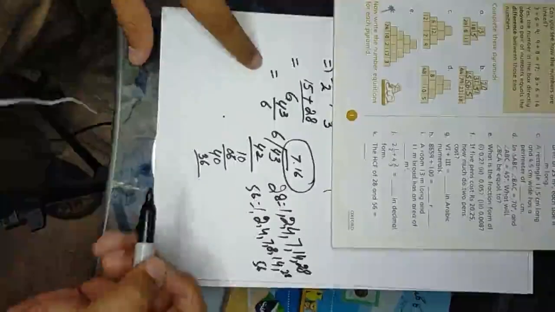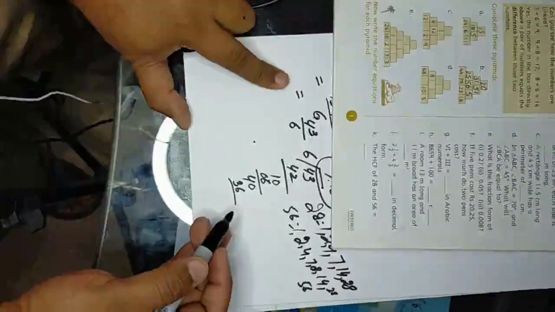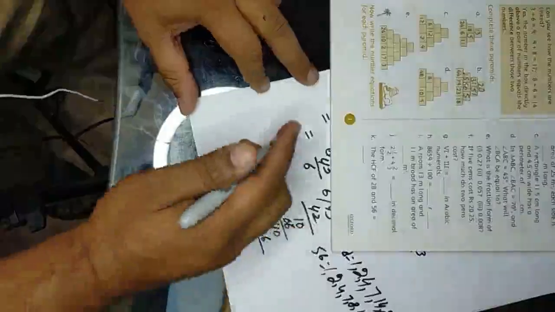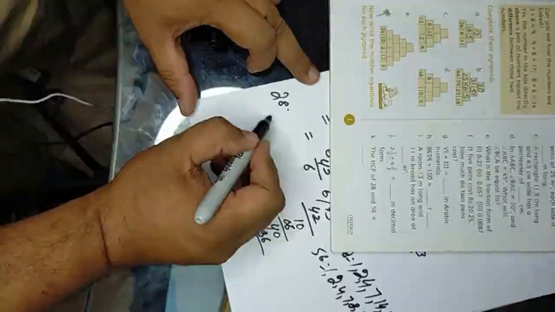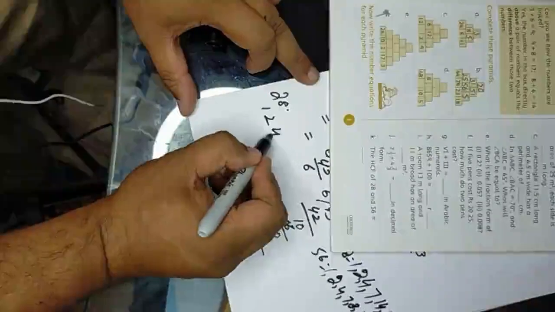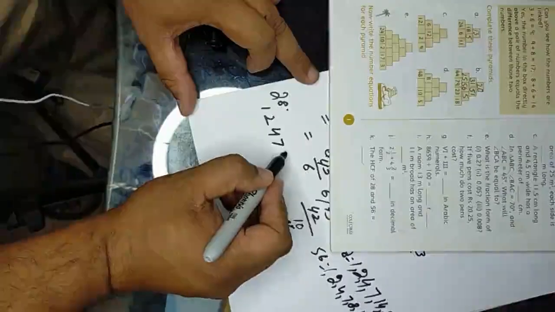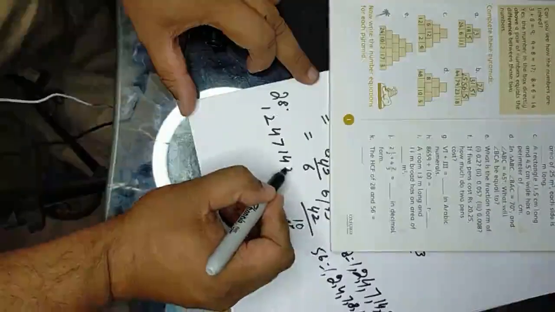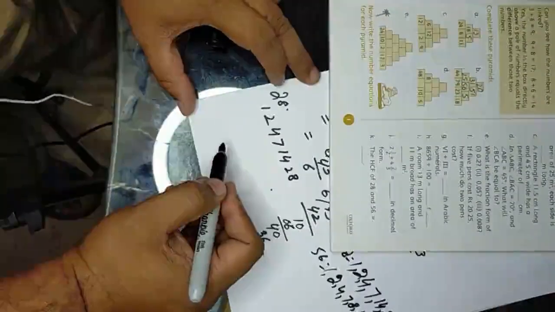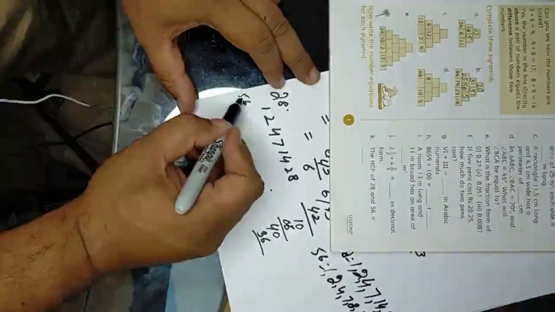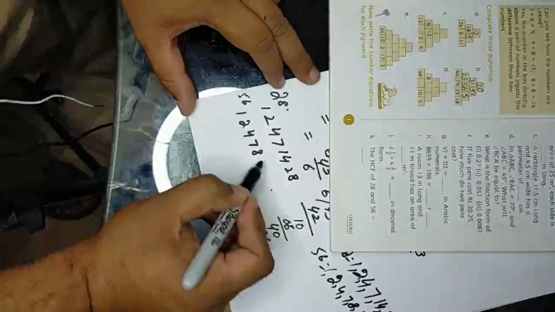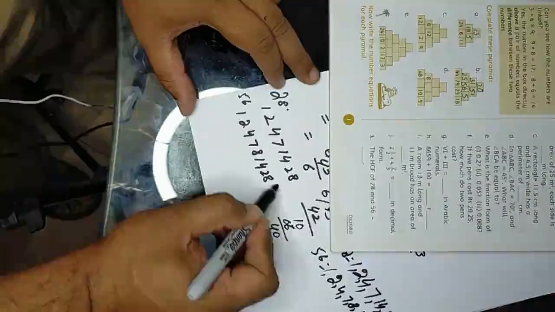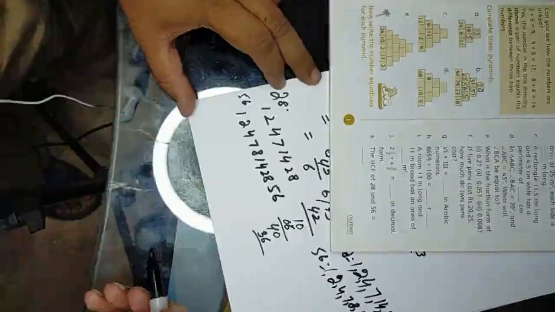Alright guys, so we have found the factors, right? The factors of 28, what are they? 1, 2, 4, 7, 14 and 28, right? And for 56, what are they? 1, 2, 4, 7, 8, 14, 28 and 56, right?